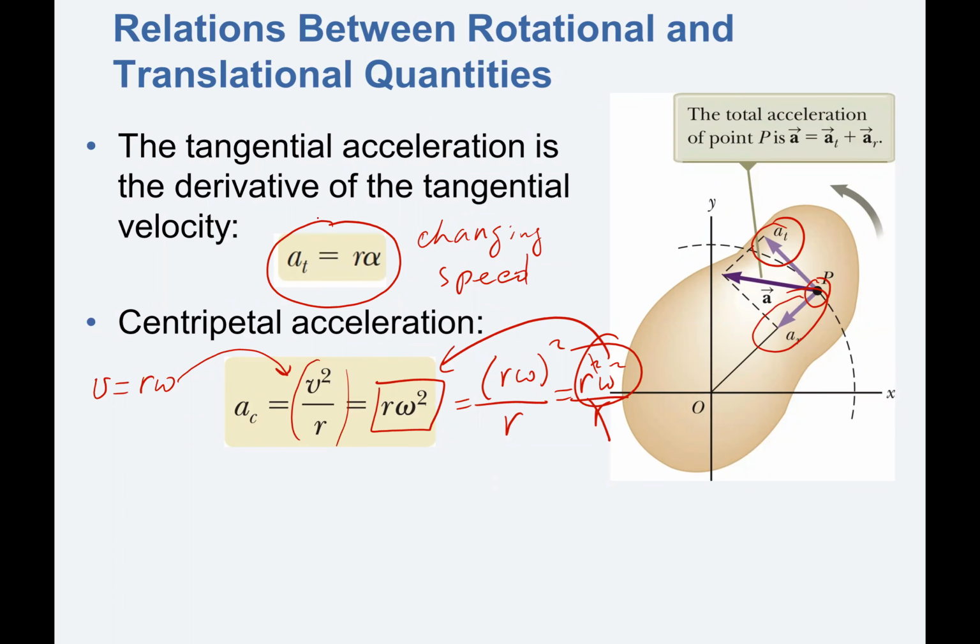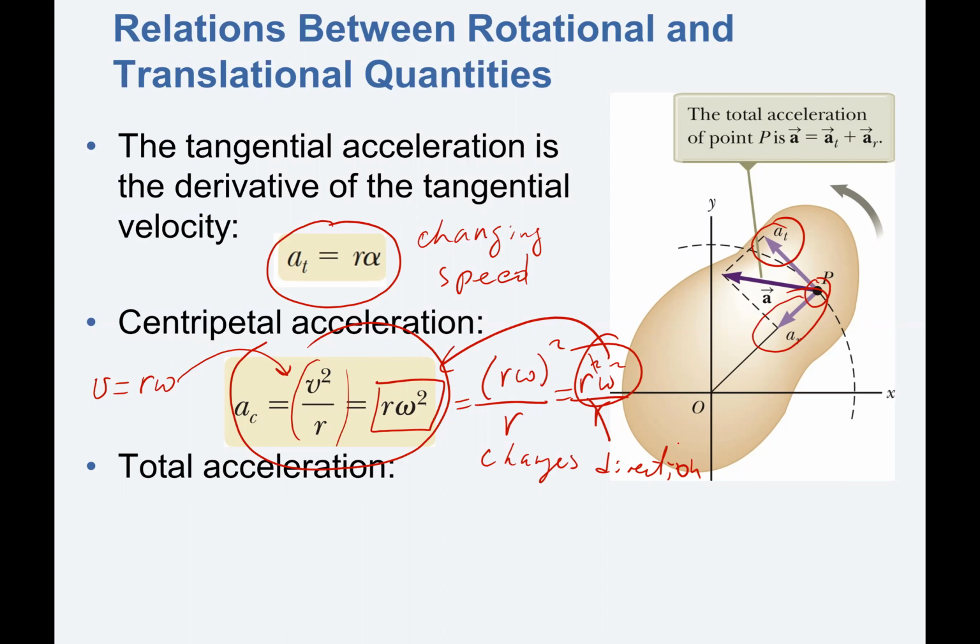Tangential acceleration changes speed. Centripetal acceleration, remember, changes direction. That means you always have centripetal acceleration, but under some conditions, you might also have tangential acceleration. If you have both, this object is going to go around in a circle and start speeding up, faster, faster, faster, or start slowing down. Whenever there is a speeding up or slowing down for the object, you also have a tangential acceleration.